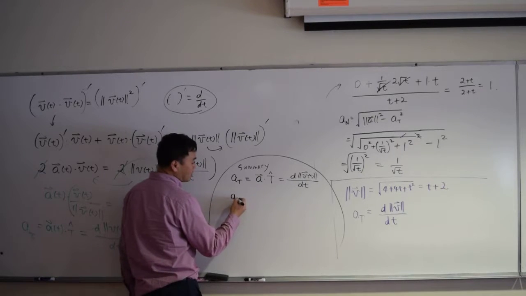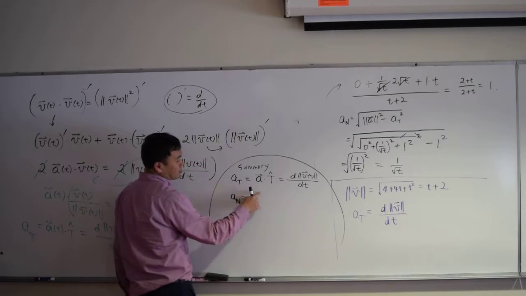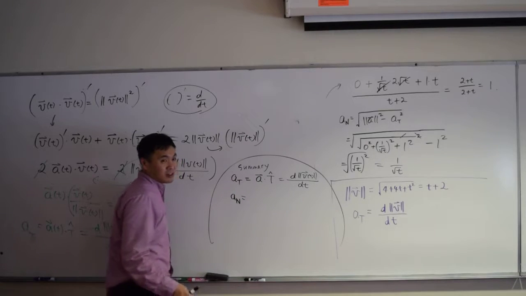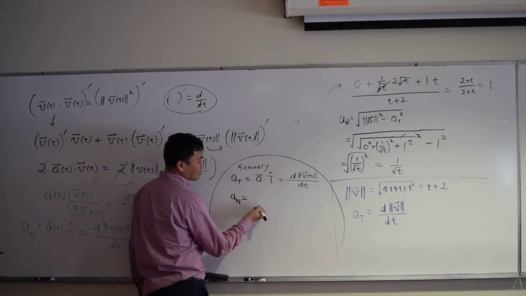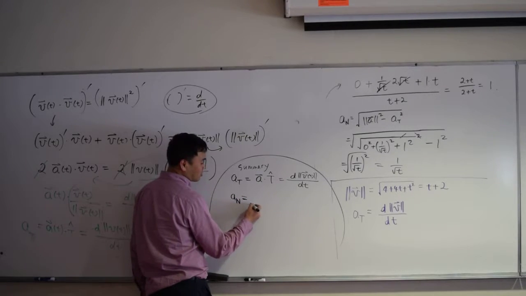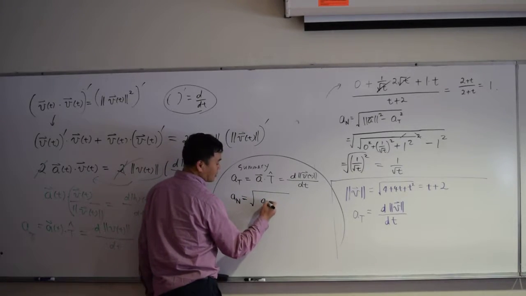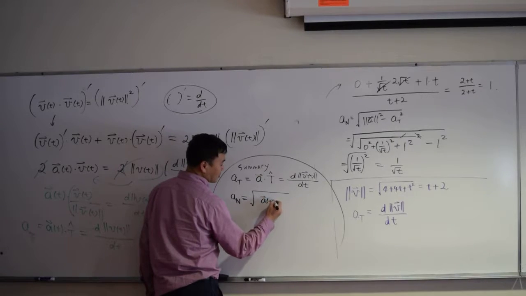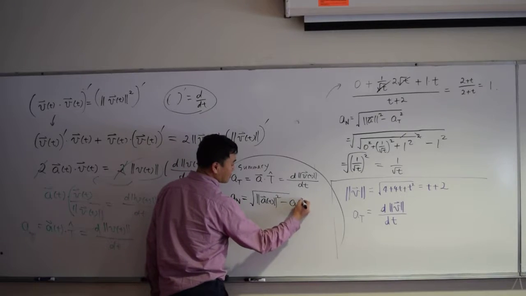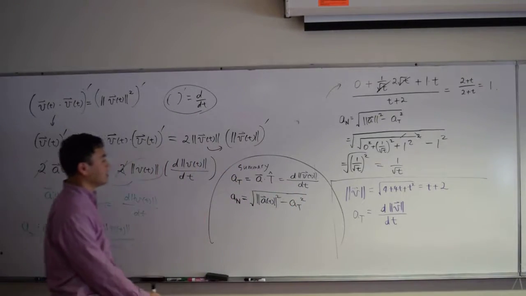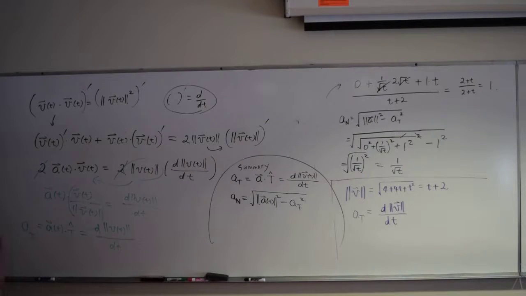And for AN, although it is true that it's A dot N, I don't even want to write it because it's useless in practice. So please try to use the formula: the square root of the norm of A squared minus AT squared. So these are the 2 formulas that you have to memorize when you find the tangential component and the normal component of the acceleration.